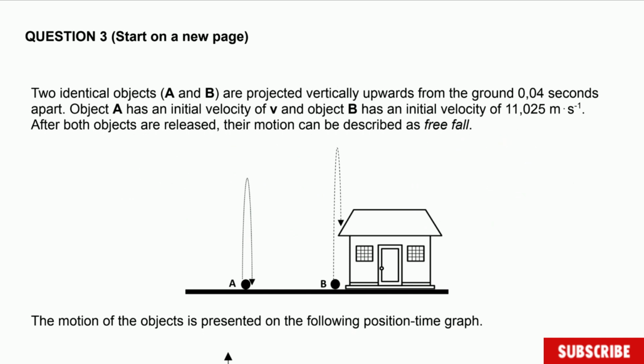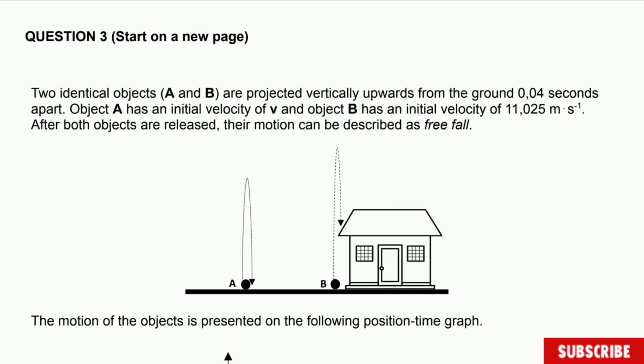This question says two identical objects A and B are projected vertically upward from the ground 0,04 seconds apart. It means they throw one object, guys, and then 0,04 seconds after they throw the other object. Object A has an initial velocity v and object B has an initial velocity of 11,025 meters per second.